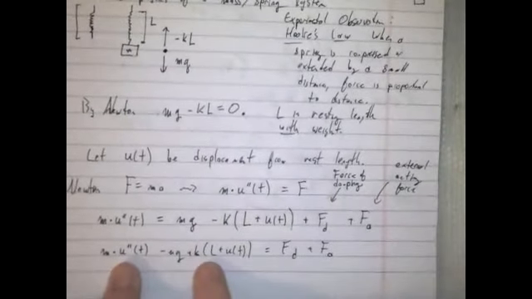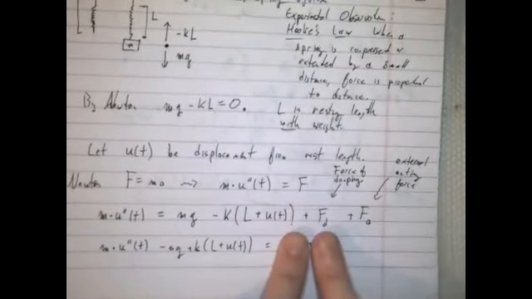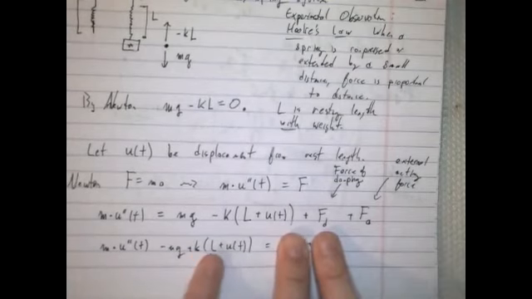This is a second order linear differential equation. If I set these two things to 0, then it'll be a homogeneous second order linear differential equation. And we know how to solve these.